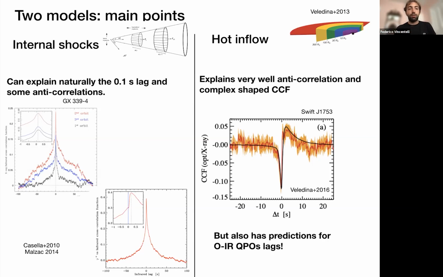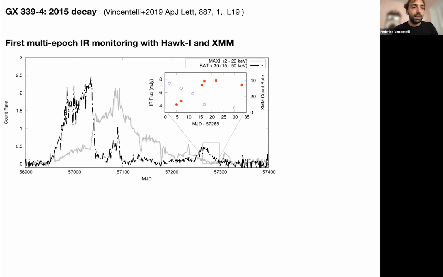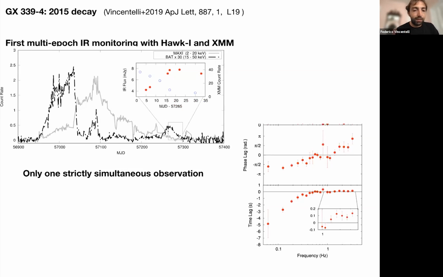So given these two scenarios, I can now show you the main results I obtained in the last 2 years. This is the star project on MAXI J1820, where we managed to do the first infrared and X-ray monitoring during the decay with fast variability. And we managed to obtain only one strictly simultaneous observation at the peak of the outburst.